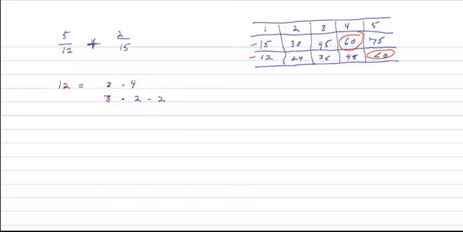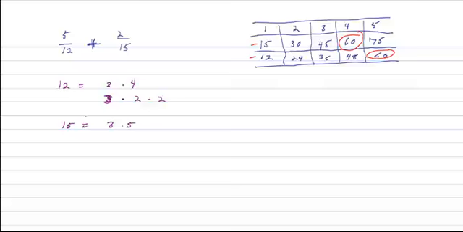Any number that contains these factors will contain 12. Now let's take a look at 15. Well, 15 is 3 times 5. So any number that contains the factors 3 and 5 has to contain 15 as a factor. And that's what we're looking for.